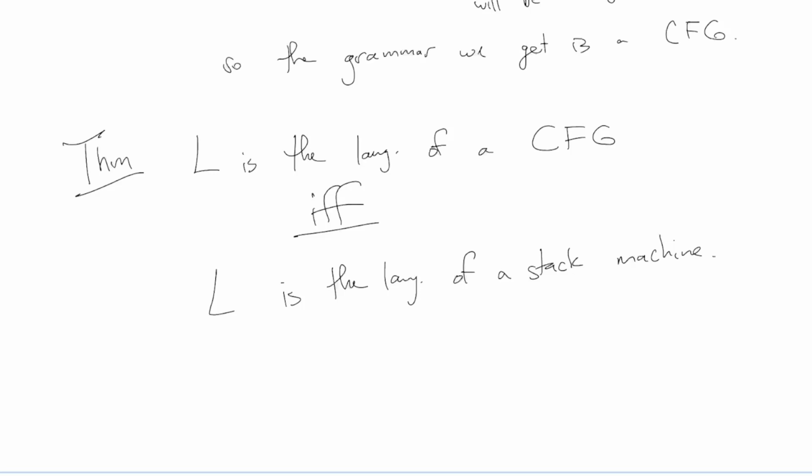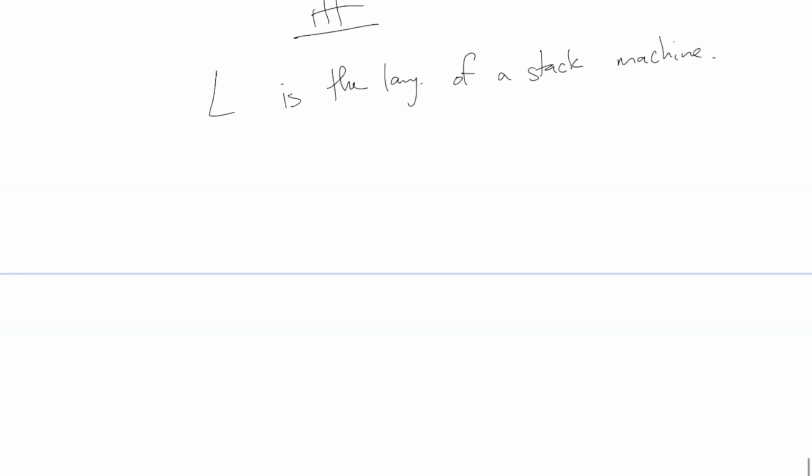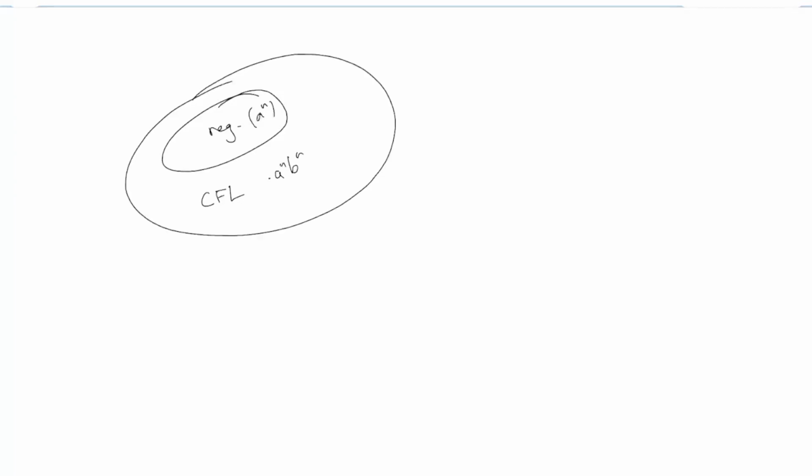This is getting to be the end of what I want to say about context-free grammars and also stack machines. So I will just remind us of this picture of languages, which we call the Chomsky hierarchy. There's the regular languages, which are the simplest ones that we ever talk about, like A to the N. And then there's a larger category of context-free languages, CFL, which includes A to the N, B to the N. Another way to think of this is the regular languages are the NFA ones, and the context-frees are the stack machine languages.